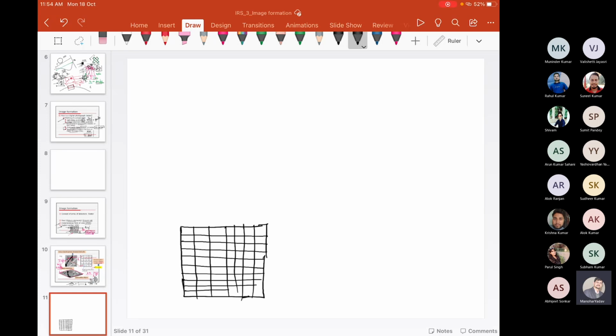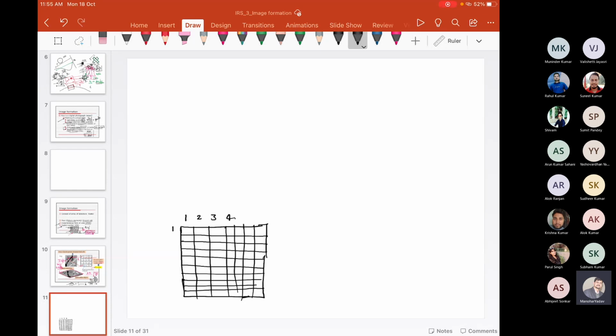There are many picture elements, many cells in this area segment, and let's say they are given a notation in terms of row and column.